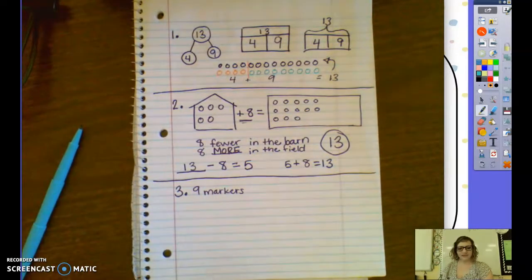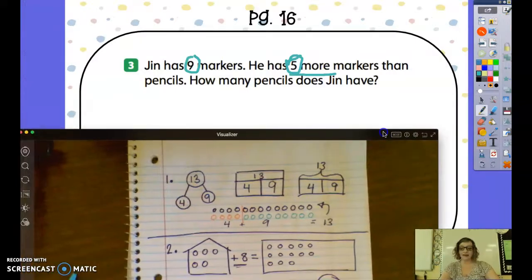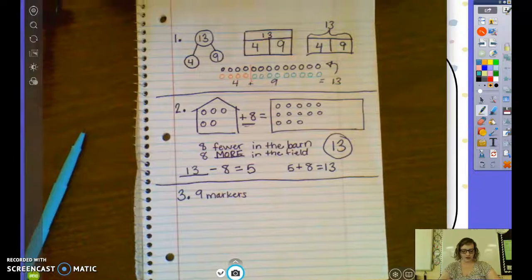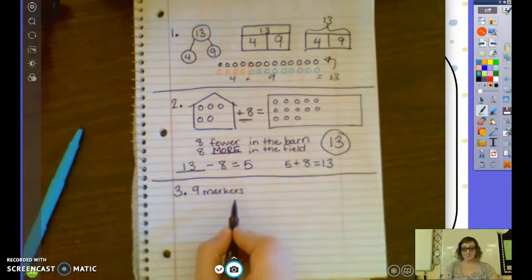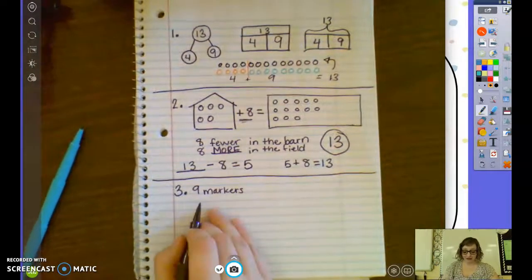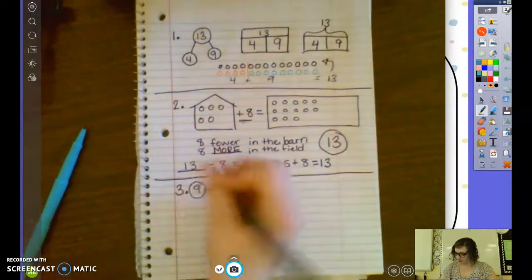I know that he has 5 more markers than he does pencils, right? Let's check again. Yes, he has 5 more markers than pencils. So if he has more markers, markers is going to be our biggest number, okay? So 9 would be my big daddy number.